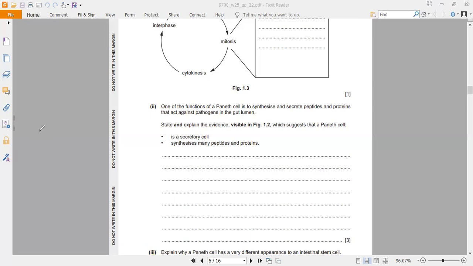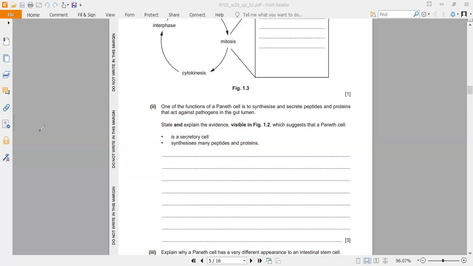So first of all, we will state the presence of many secretory vesicles likely located near the apical surface, the top of the cells. And if we want to explain it, these vesicles store antimicrobial peptides before they are released into the gut lumen via exocytosis.